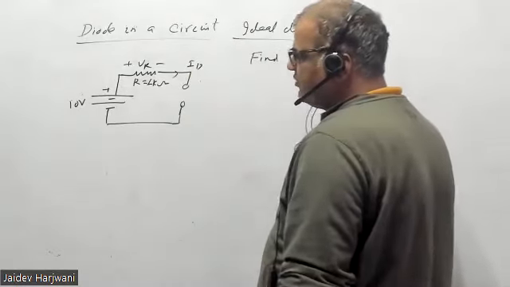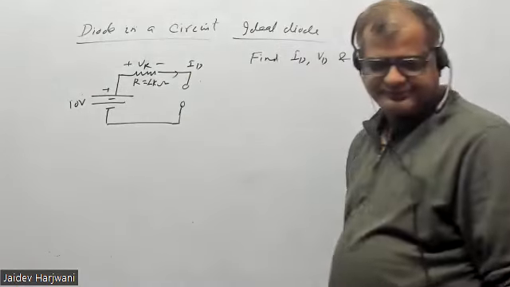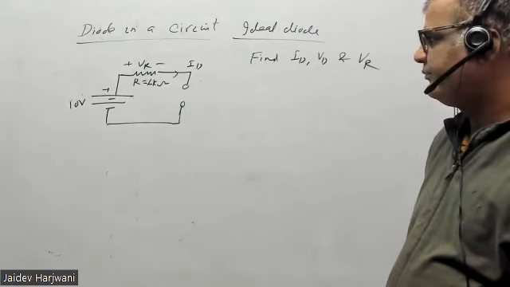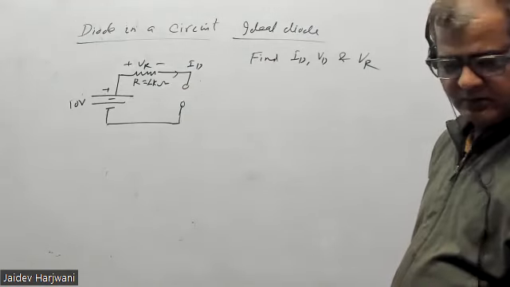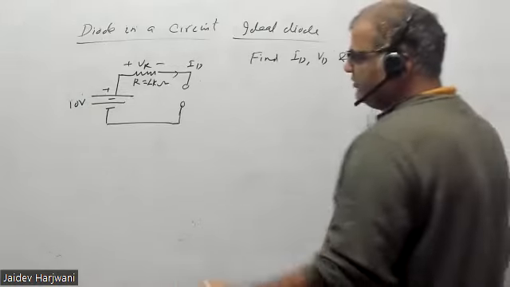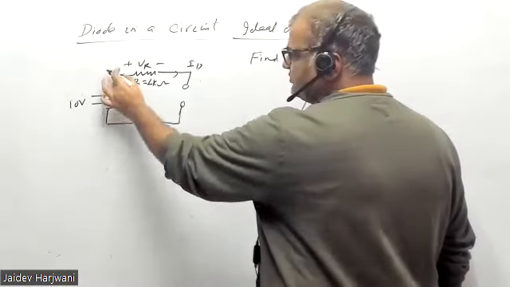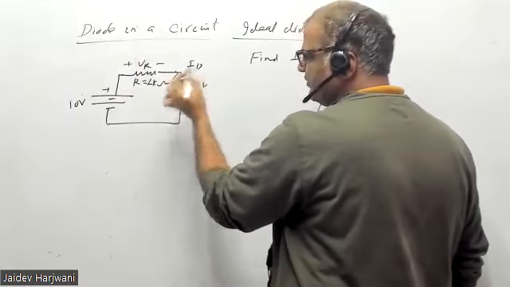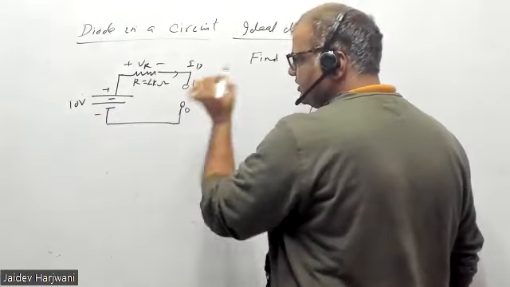Now this diode is forward biased or reverse biased? Forward bias. Because no current is flowing, the 10 volt directly comes here, and the 0 directly comes here.